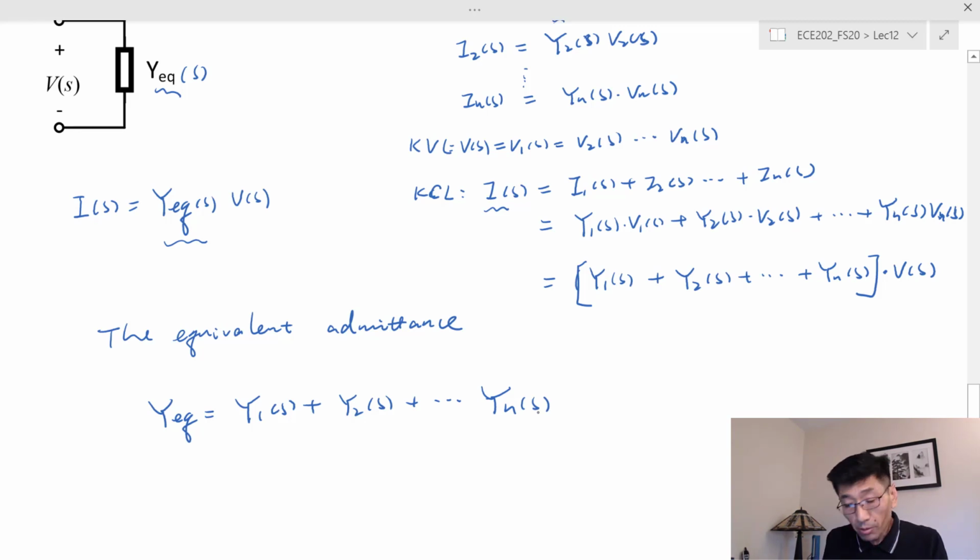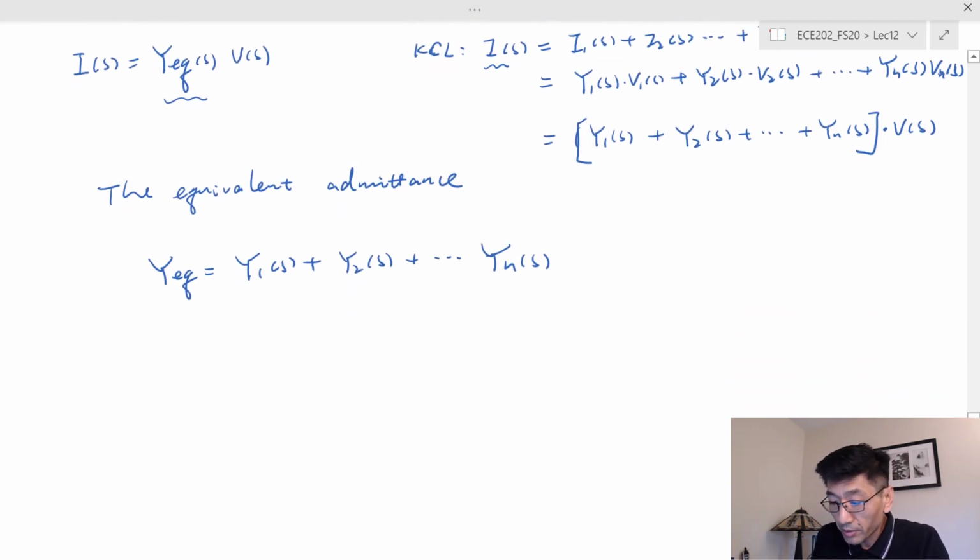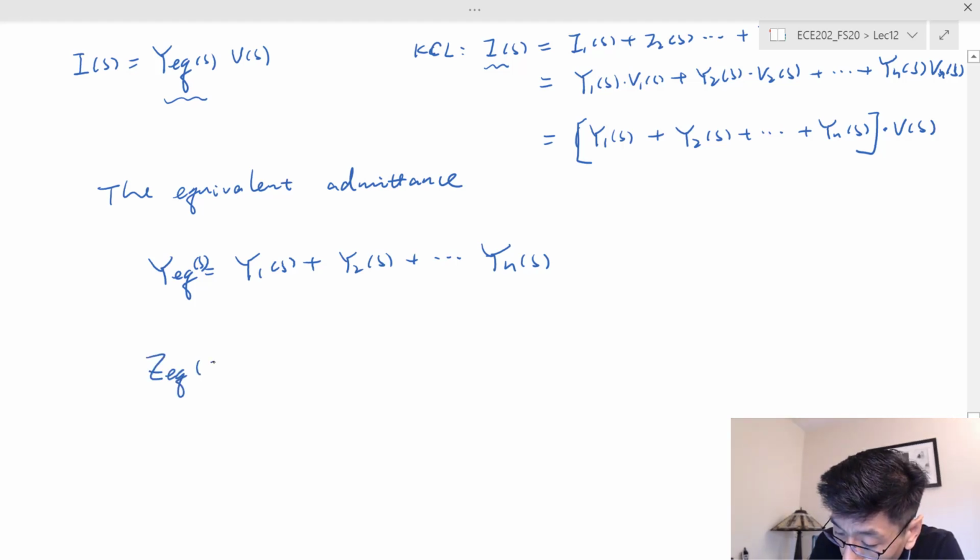So if you really want to know the impedance instead of the admittance, the z sub eqs for the parallel connected devices should be equal to 1 over y sub eq, right?